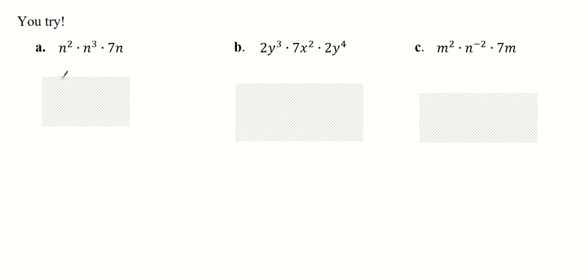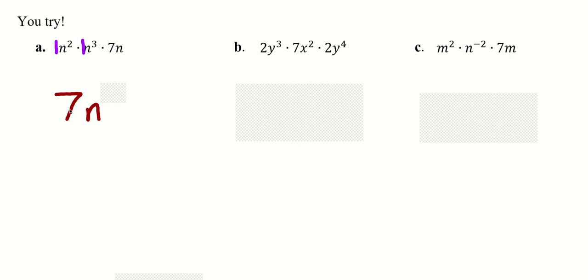at the risk of over-explaining it, 7 times what? I mean, technically you could think of it as, wasn't there technically an invisible 1 in front of that monomial of n squared? And technically, if you're thinking of these as 3 separate monomials, the coefficient here is technically 1, and the coefficient there is technically 1. So if you want to think of it as 7 times 1 times 1, I mean, fine. Or you could think of it as there's nothing for the 7 to simplify with, to multiply with.